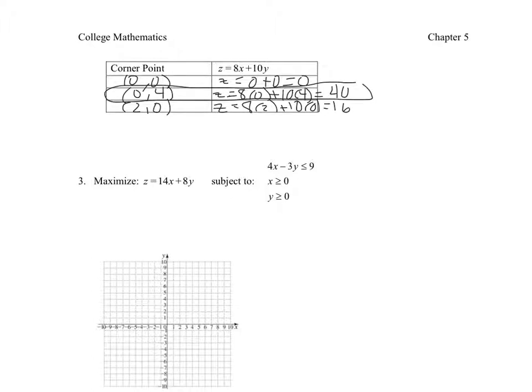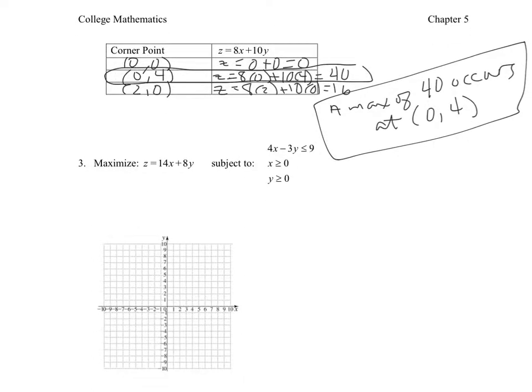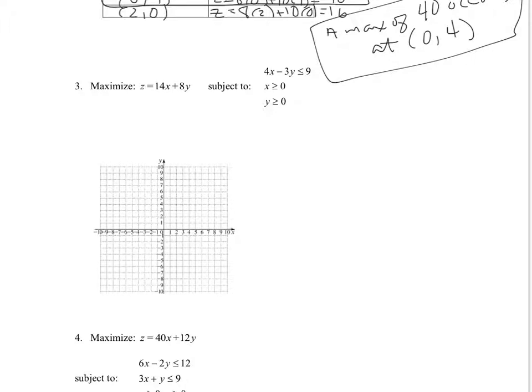So here's what that tells us. A maximum of 40 occurs at the ordered pair 0, 4. Good job.